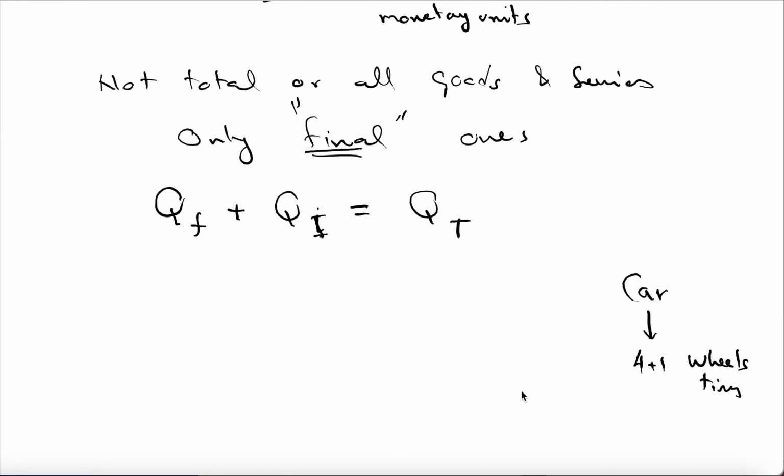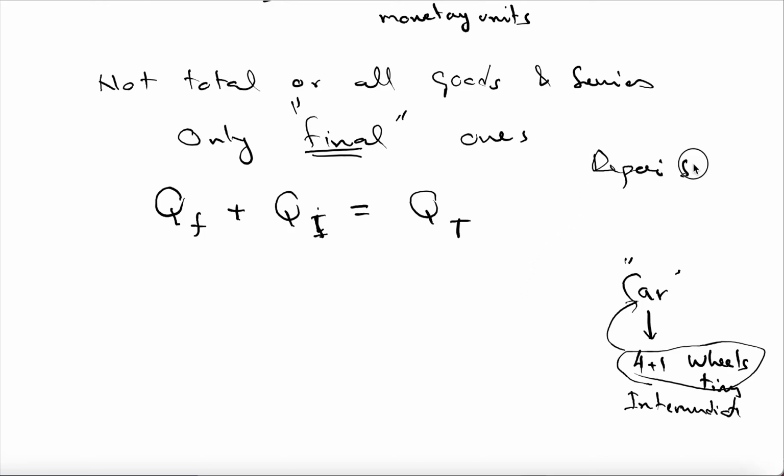So if I say that I bought a car, I am also buying five tires with it. The tires which have been used to produce the car are intermediate. But the tires, when you go to a repair shop to change your old tires and put in new ones, are the final tires. They are not intermediate.